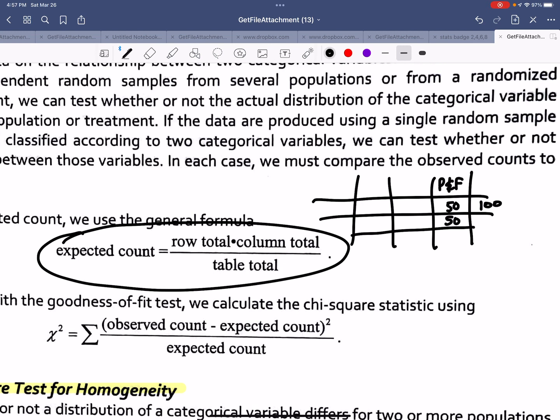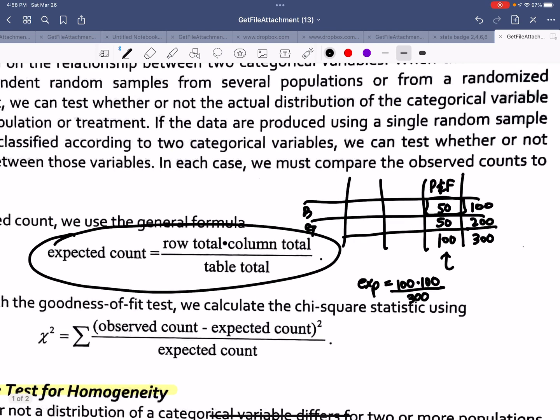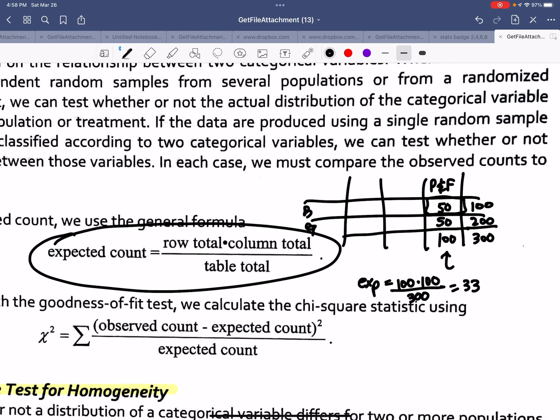And 50 of the girls watched Phineas and Ferb. And so that means there was a total of 100. So that's why we were getting, what do we expect for this box? Row total, 100. Column total, 100. Divided by grand total, 300. So a third of 100 is 33.